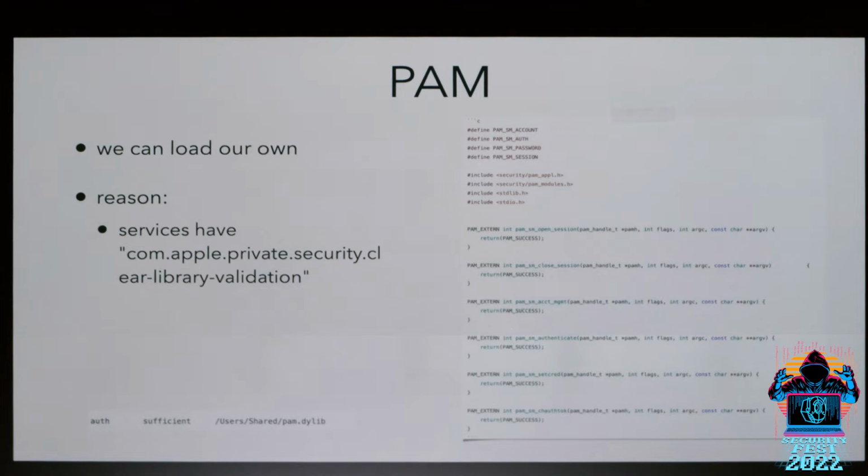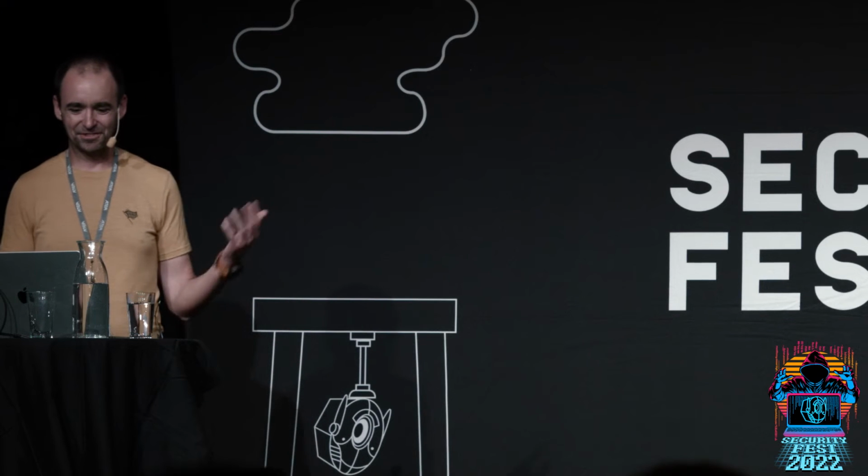This code here is just an empty template. It probably looks like pam_permit. It will just return success for everything. But you can add your own logic and do whatever you want, for your own malware, red team implant, whatever.